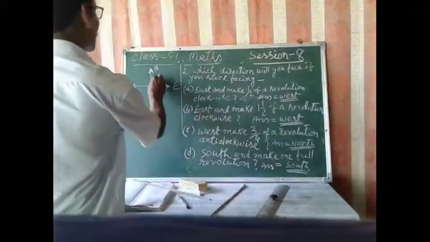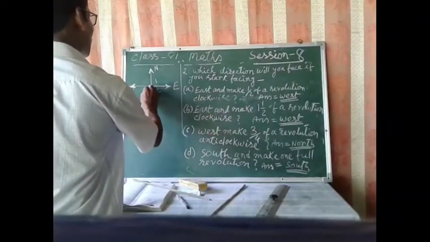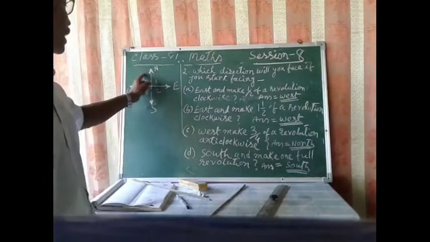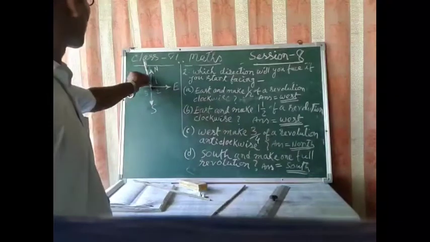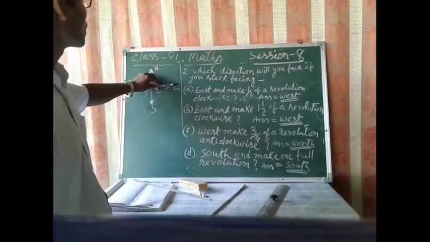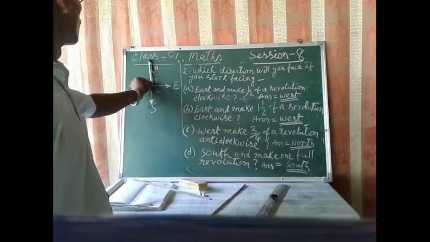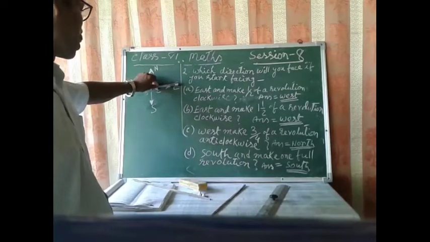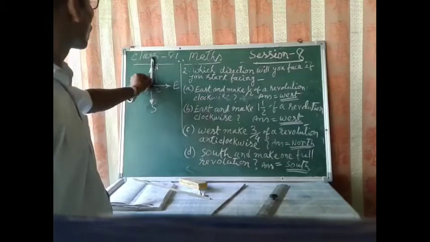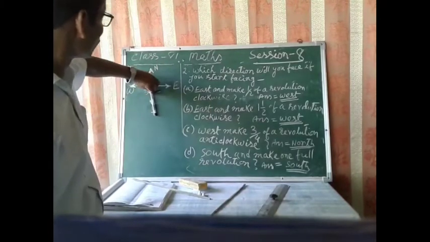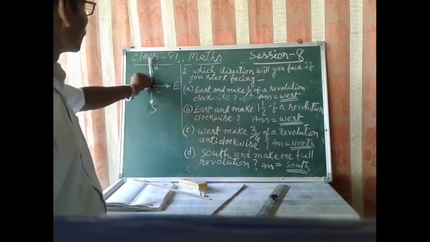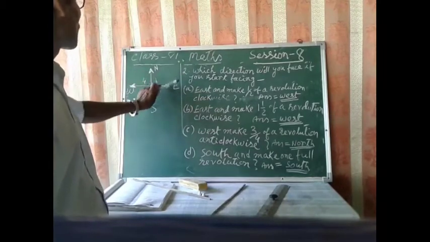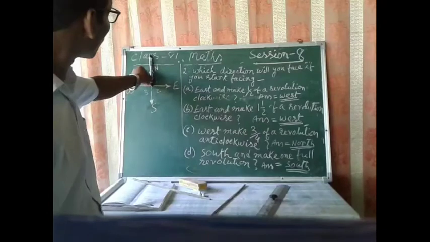So this is the first quadrant, second quadrant, third and fourth quadrant. One quadrant moves means a 1/4 revolution. Two quadrants, first and second, means a half revolution.